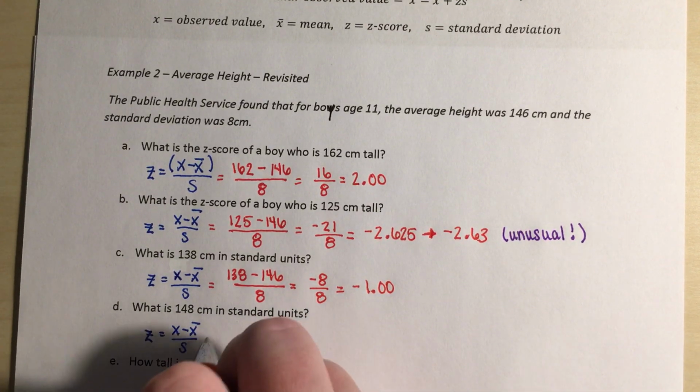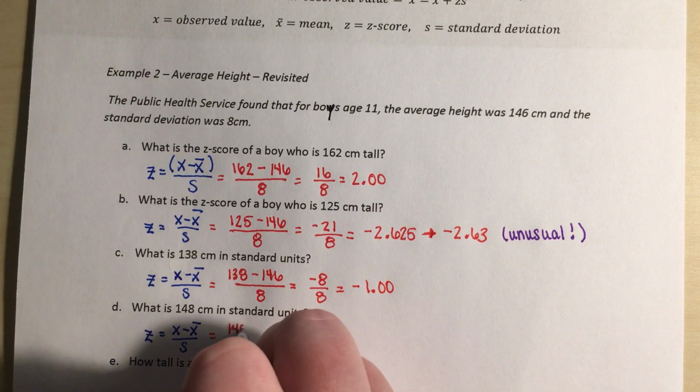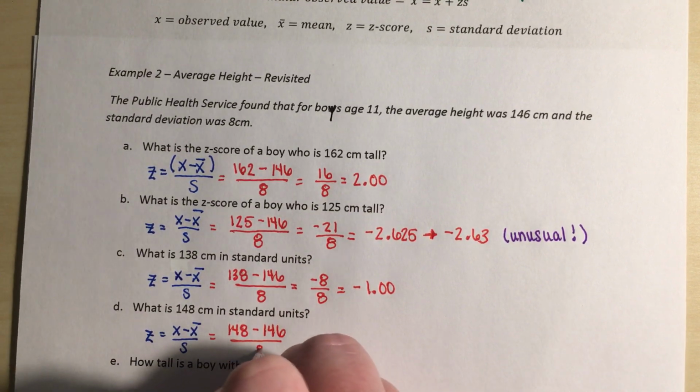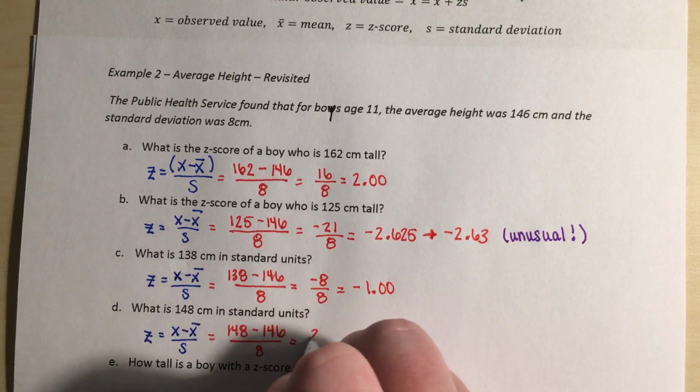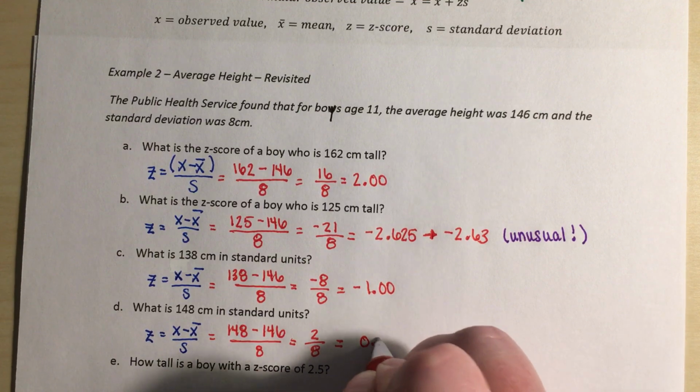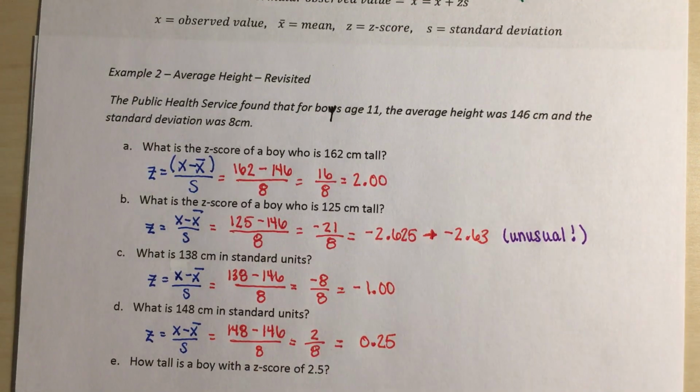Our next one, we have 148 minus 146 over 8. It gives us 2 over 8, which gives us 0.25. Again, if you are plugging these into the calculator all in one step, make sure you put parentheses around the top. I haven't really bothered because I'm doing the subtraction first.